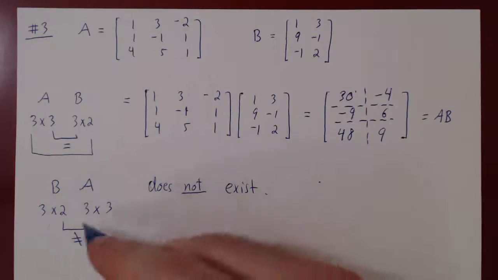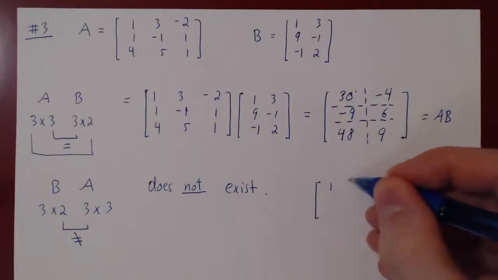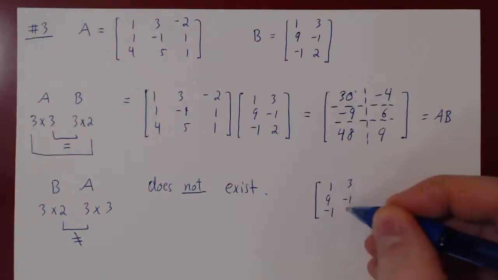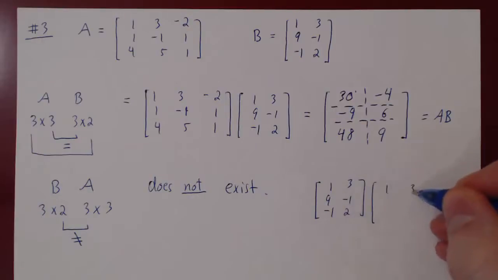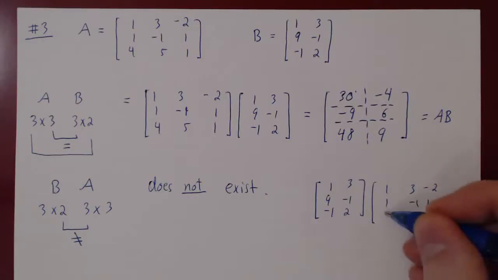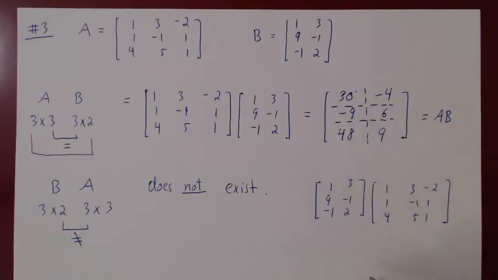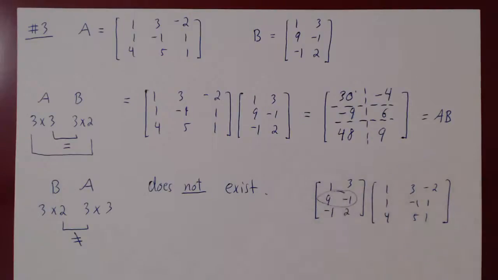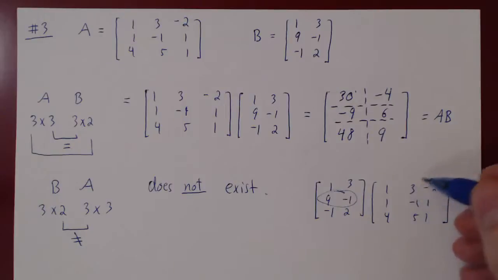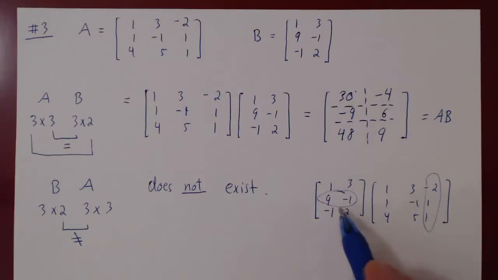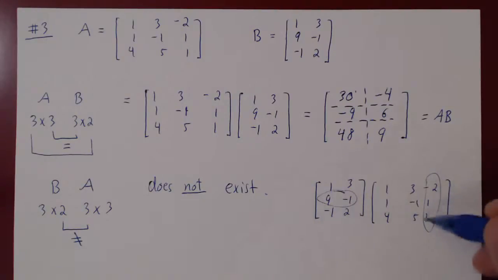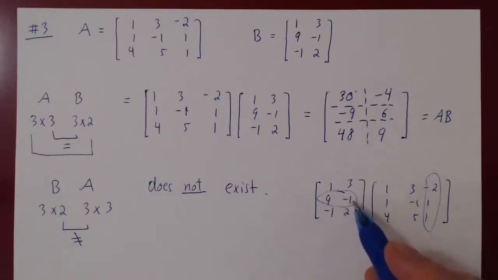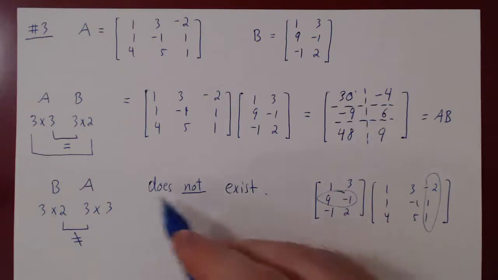Even if you don't look at this, you'd say, well, let's see if I can do B times matrix A. Well, you would have to find the entries of this new matrix by doing some row of B times some column of A. But if you think of it, you only have 2 entries in any given row of B, and you have 3 entries in any given column of A. And so you cannot multiply a row times a column unless they have the same number of entries. And you see why BA indeed does not exist.